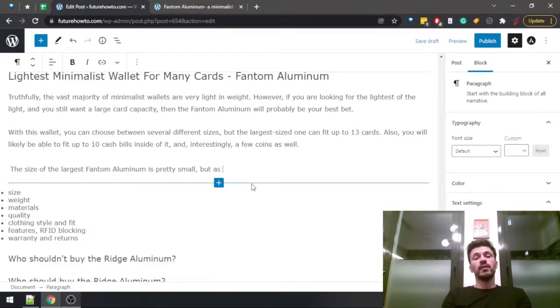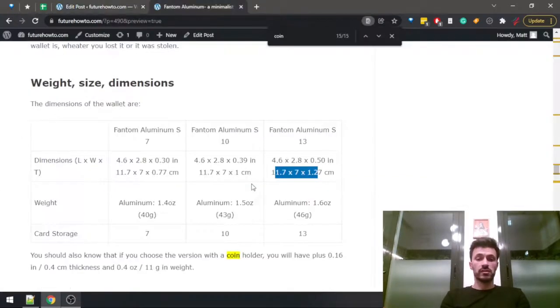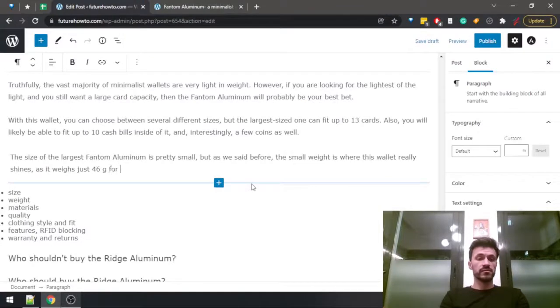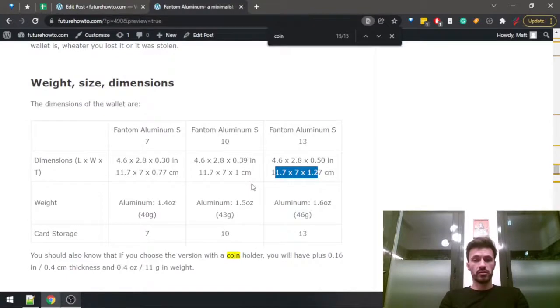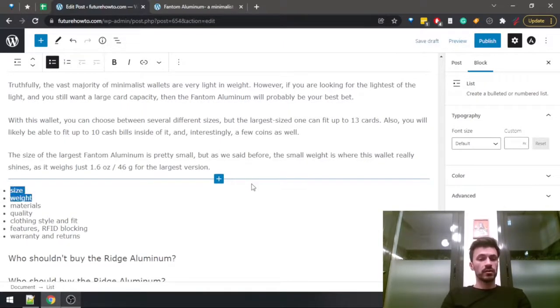But as we said before, the small weight is where this wallet really shines, as it weighs just 46 grams for the largest version. Let me just check. 1.6 ounces. There we go. Size and weight are covered.